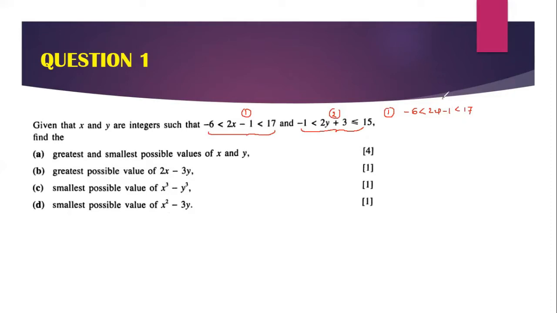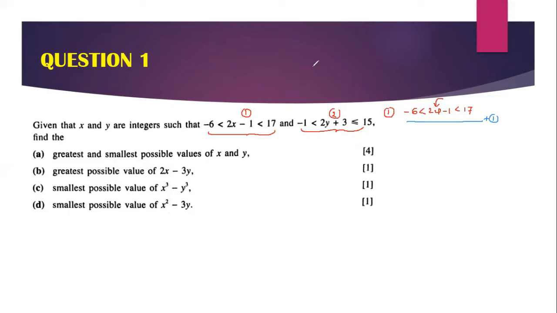So deducing means modifying the middle term of the inequality to convert it to x. The first step is to remove the minus 1 by adding 1.